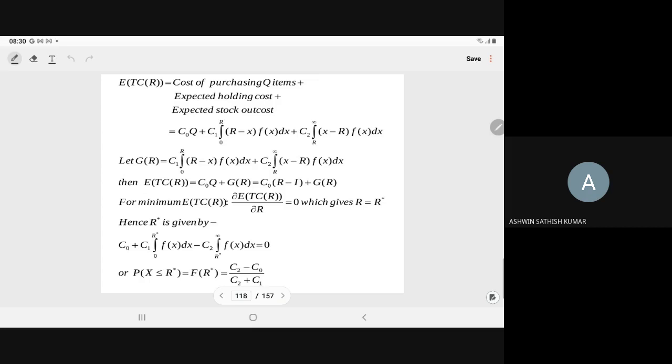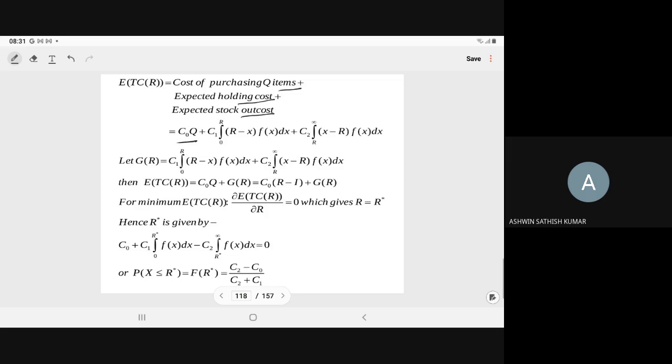So the total cost will become the cost of the purchase plus expected holding cost plus expected shortage cost. Purchase cost is C0 times Q, the quantity purchased times the unit price.